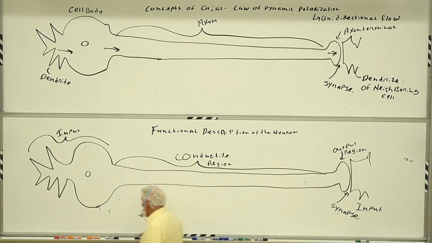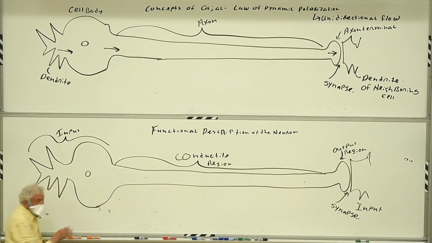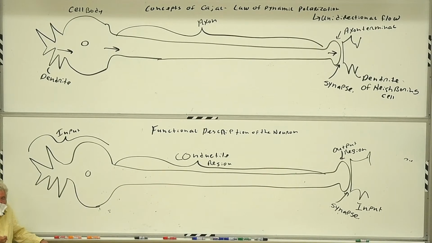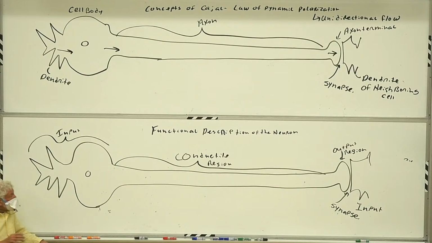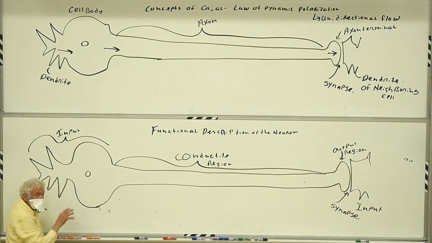One of the reasons we've changed the nomenclature is that once we began to understand the electrophysiology of these cells, we began to recognize that one of the hallmarks of neurons is the different distribution of channel types in the neuron.